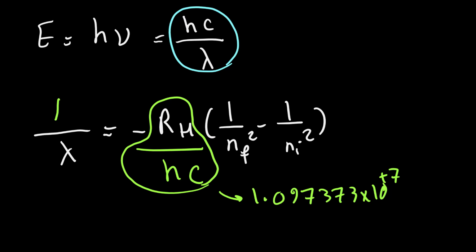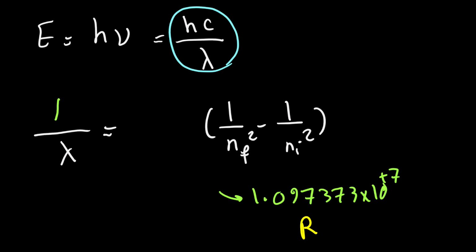Combining these three constants, we can make another constant, R. So R is for the Rydberg equation, and R_H is for the Bohr equation. Instead of writing negative R_H over hc, we can just write R, and this is the value for R. This is called the Rydberg equation.